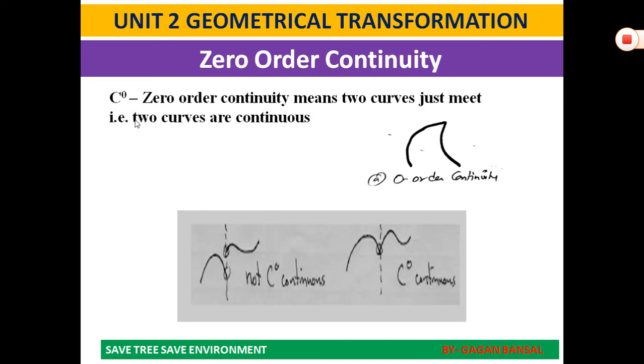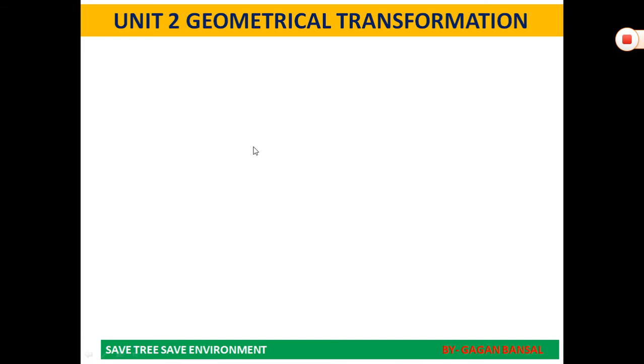As you can see, the two curves are just continuous. That means when the two curves at the point of joint have the same values, it is known as zero order continuity.